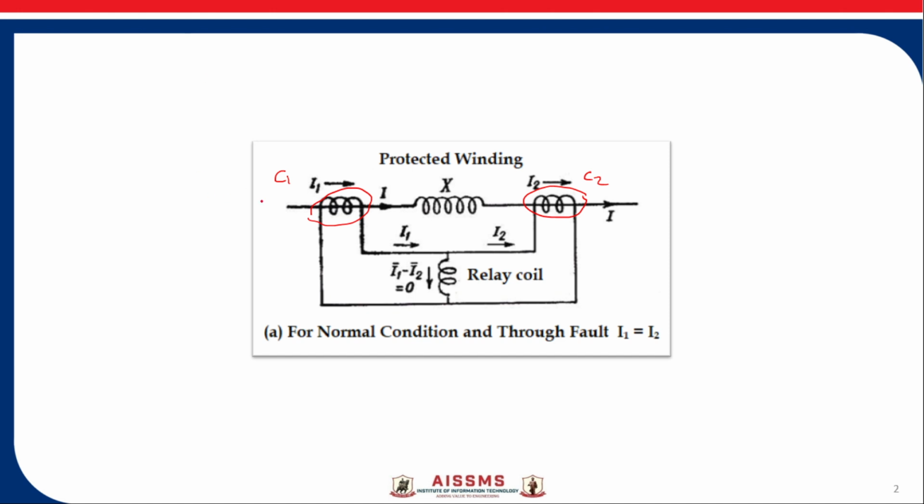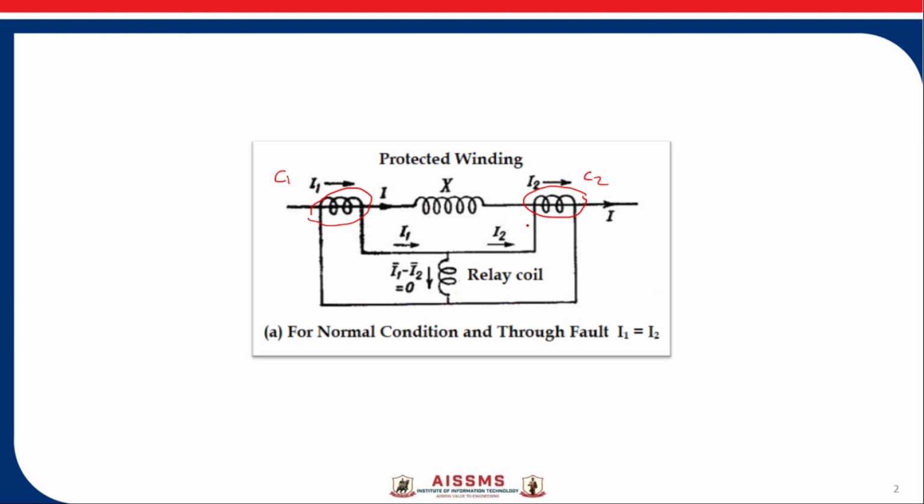Now, this figure shows the principle of differential protection of generator and transformer. X is the winding of the protected machine.